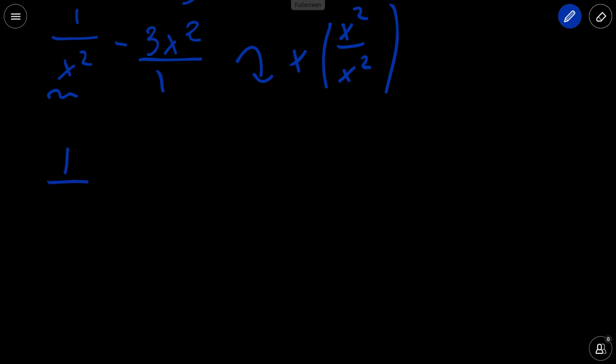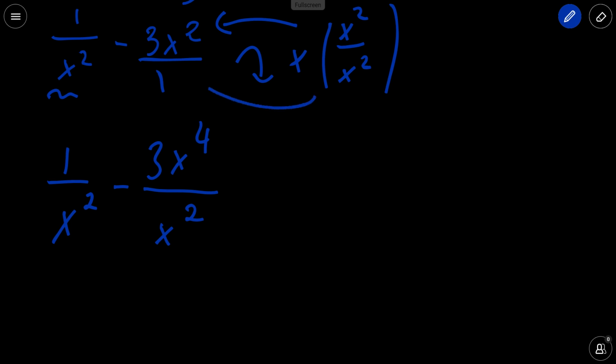On the left side, 1 over x squared stays the same. And on the right side, that would give us 3x to the power of 2 over x squared. If we multiply this term with x squared and we multiply this term with x squared, that will give us 3x to the power of 4 over x squared.